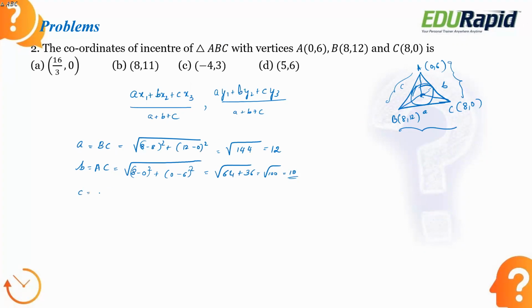Similarly, c is equal to AB, and that is root of 8 square plus (12 minus 6) whole square, which is root of 64 plus 6 square, that is 36. Again, I get 10. I got my a, b, and c. Now you know the formula. Just substitute in that and get the right answer.